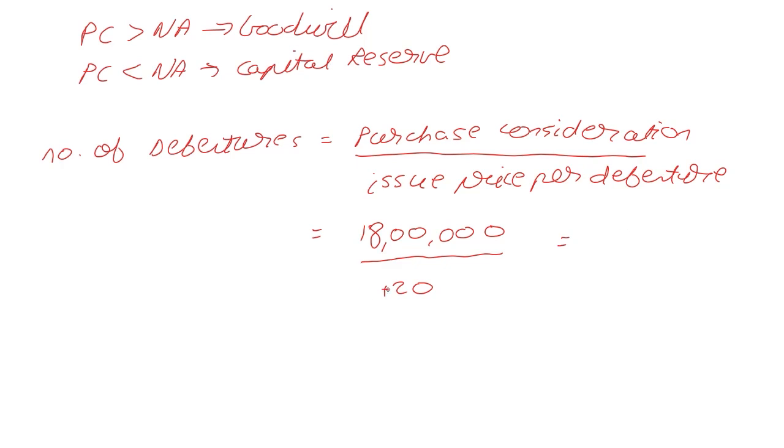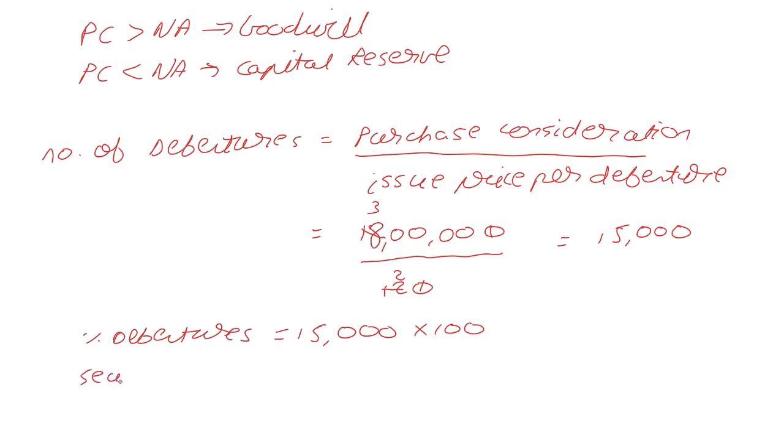Now we solve. 18 lakhs upon 120, cut the zero, and we have 30,000 upon 2, which gives us 15,000. So what is this 15,000? The number of 11% debentures. The debentures will be 15,000 into 100.